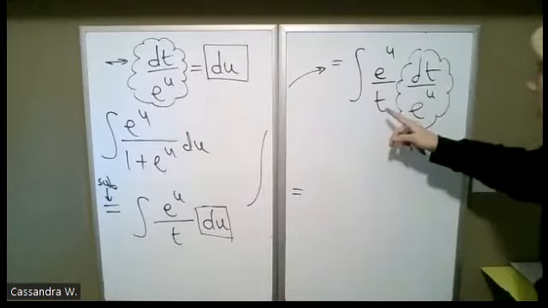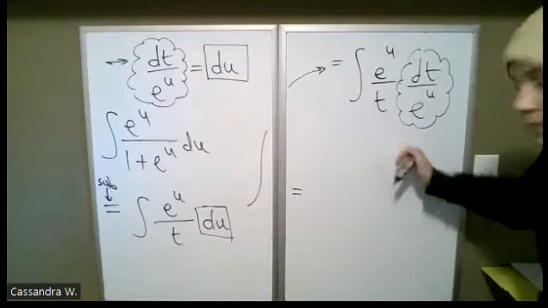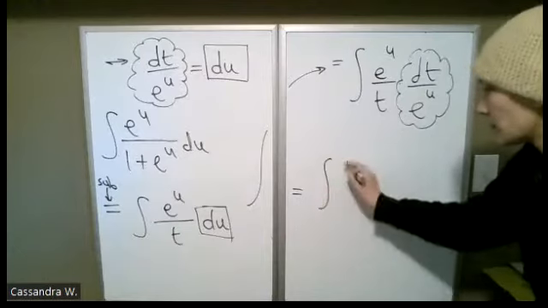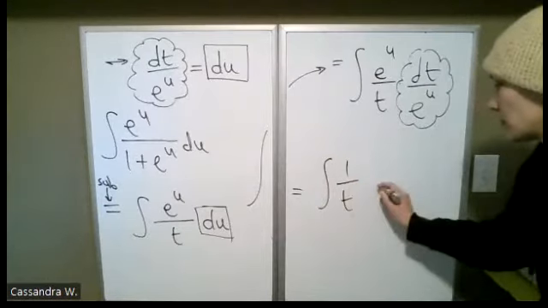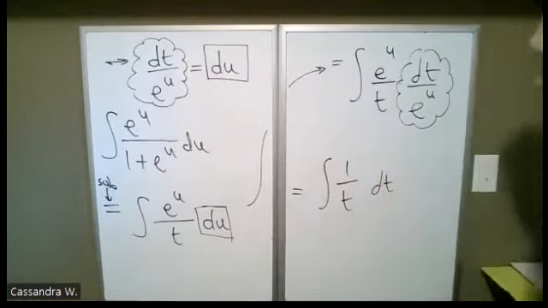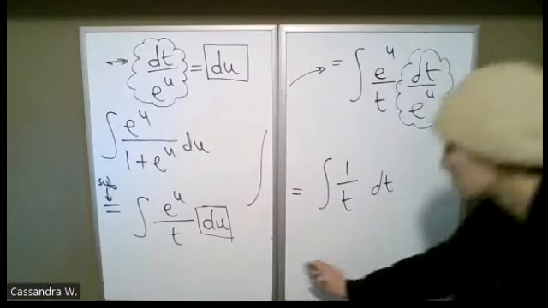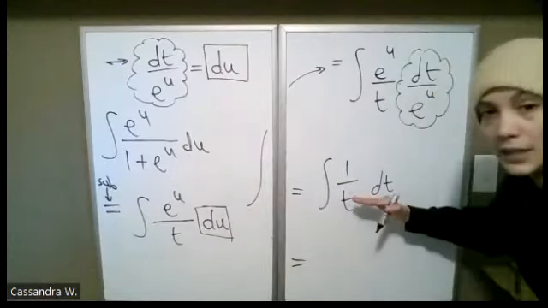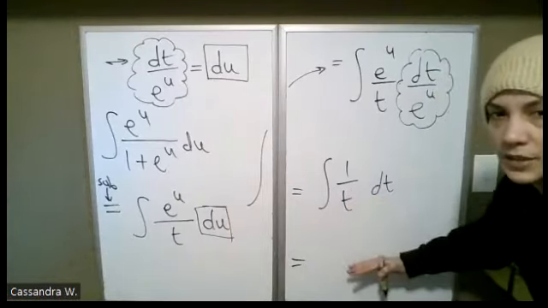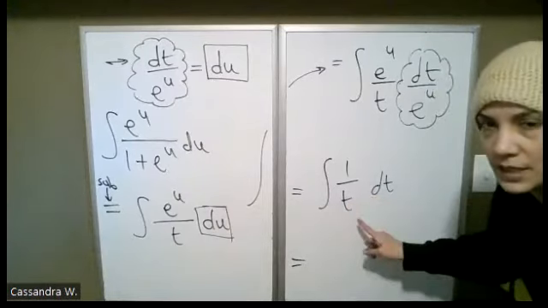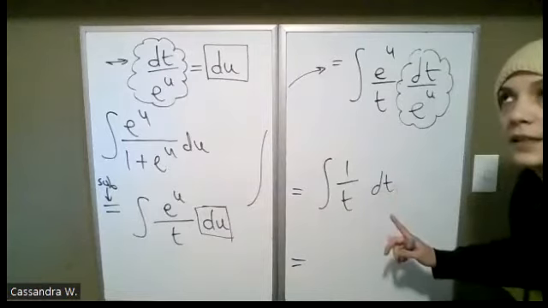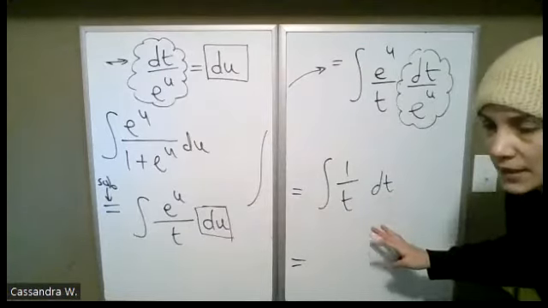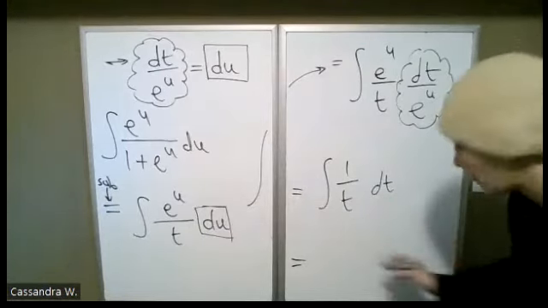And then you're left with 1 over t dt. Then you integrate, which means you're going to find an antiderivative for that 1 over t, which is ln of the absolute value of t, plus c.